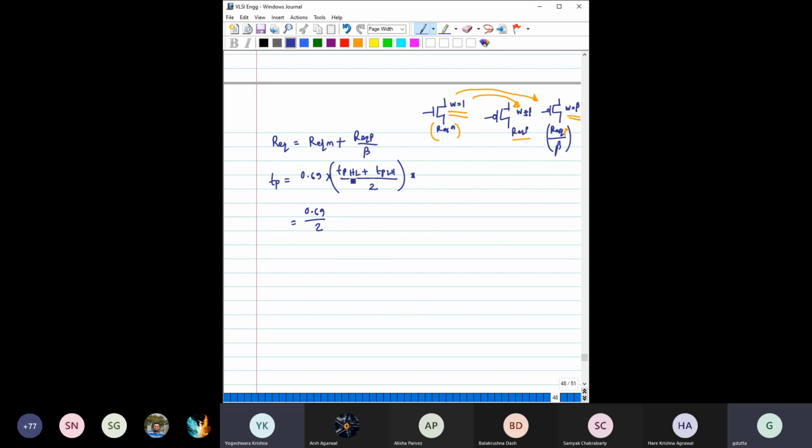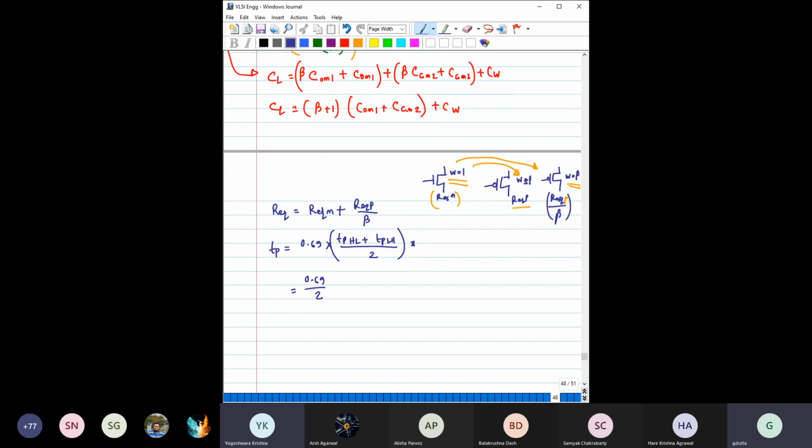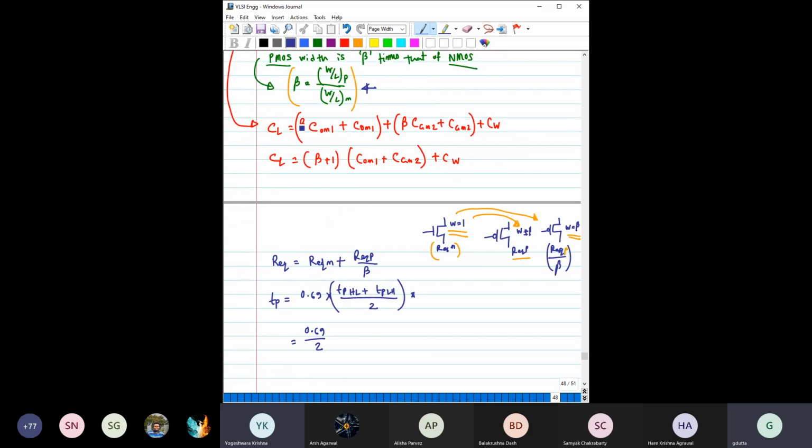Now we know this capacitance, we know the resistances, right? If you multiply this one with this equivalent inside, then basically you will get TPHL plus TPLH. We are basically doing the same thing, just kept these two outside and we are multiplying this.